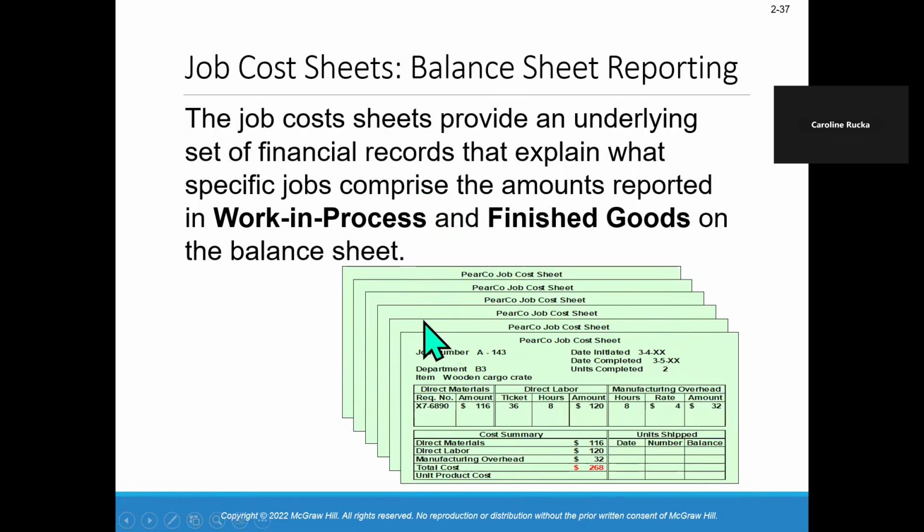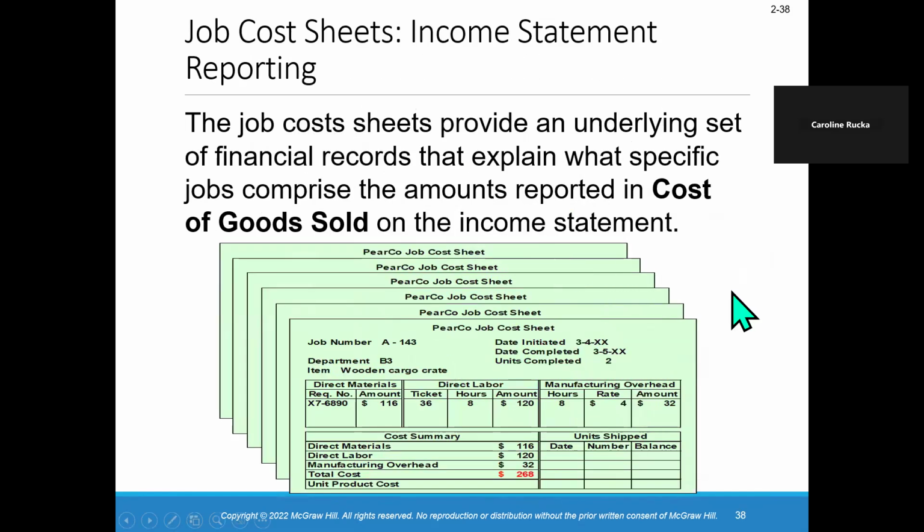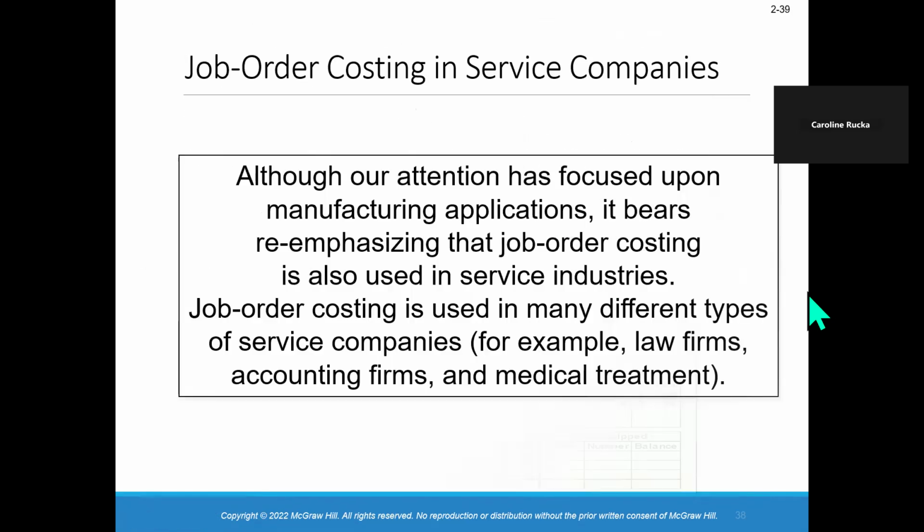This is sort of happening in the background in your accounting software. Each one of these jobs is going to go into your work in process and your finished goods. And then once you have sold these items, they will go into your cost of goods sold.